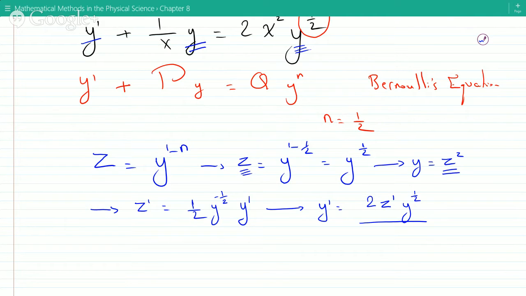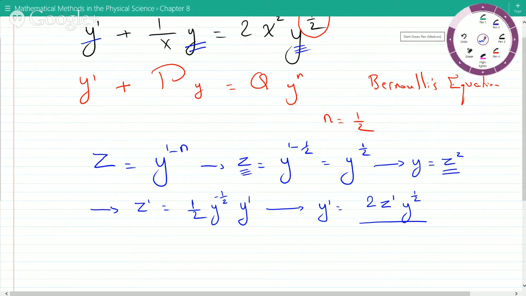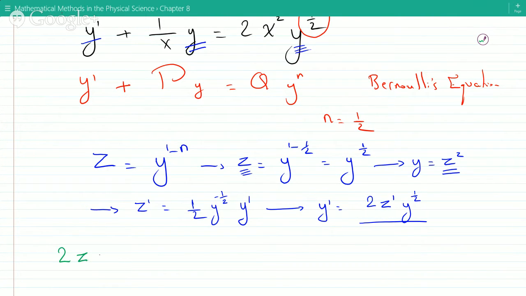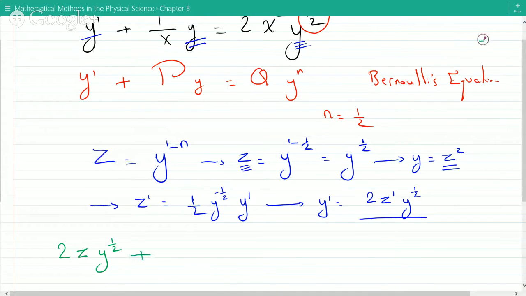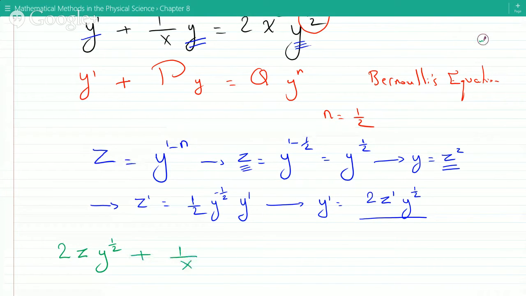So now the new differential equation becomes 2z y to the half z prime plus 1 over x times y, and we said y was z squared.